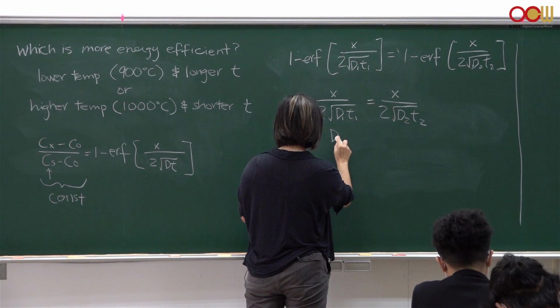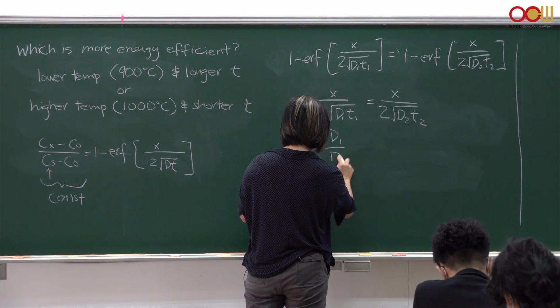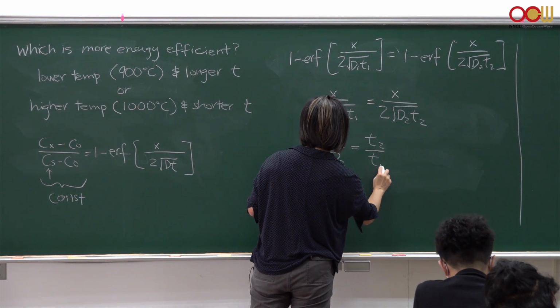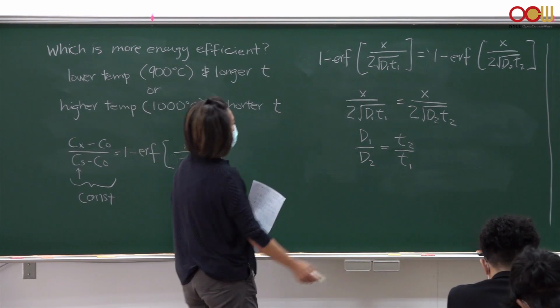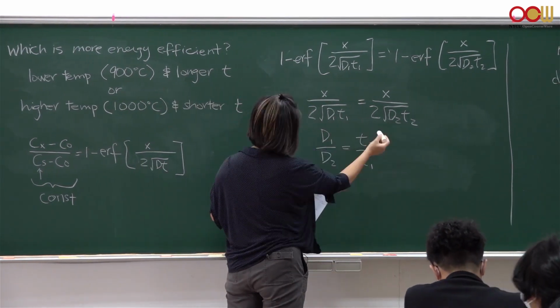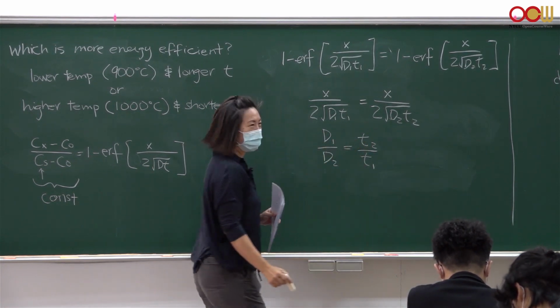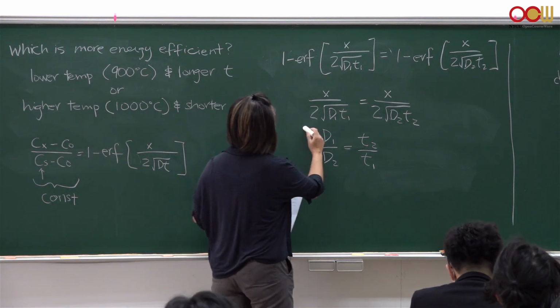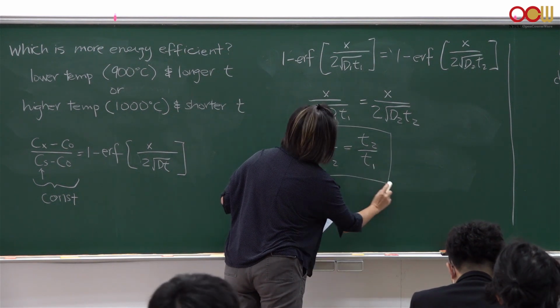So I get d1 t1 equals d2 t2, and then I just move the d's and the t's around. Right?